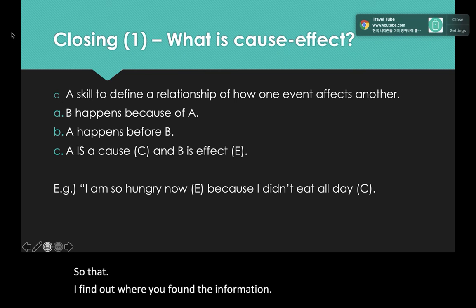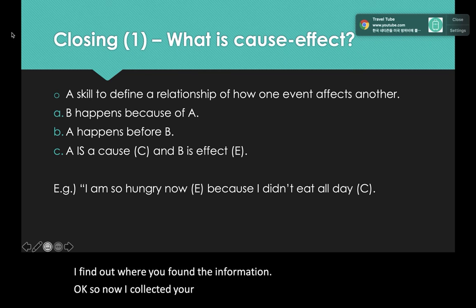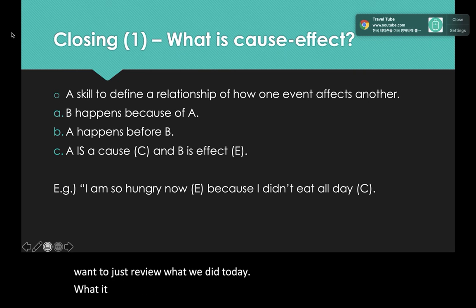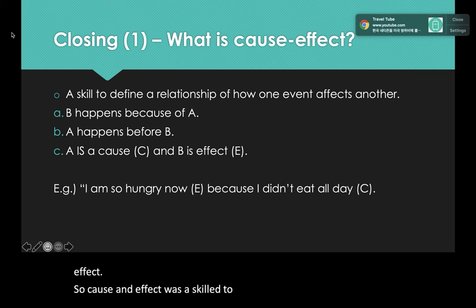Okay, so now I collected your work. So before we dismiss the class, I want to just review what we did today. What we did first in the beginning was we talked about what is a cause and effect. So cause and effect was a skill to define a relationship of how one event affects another.